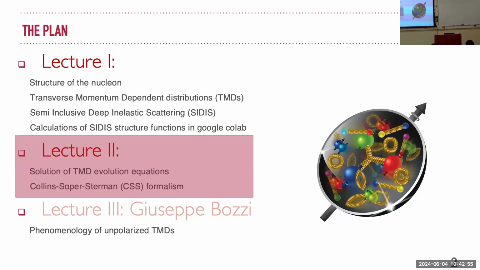So it looked like this: f1(x, kT) minus epsilon_T^{ij} kT^i ST^j divided by M times f1T perp(x, kT). I told you these are scalars and therefore they parameterize this. So this is what is known as the unpolarized distribution. Very important: unpolarized quarks, f1, PDF, know that.